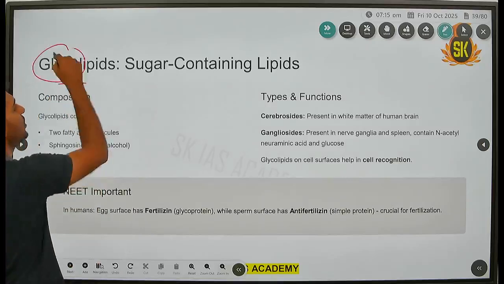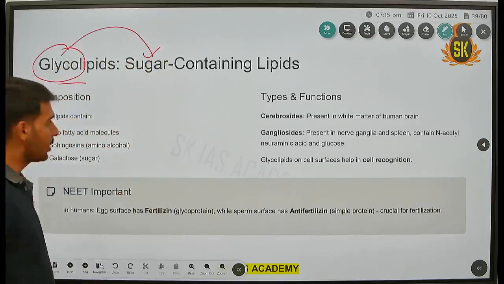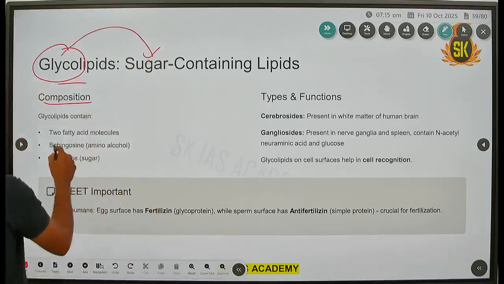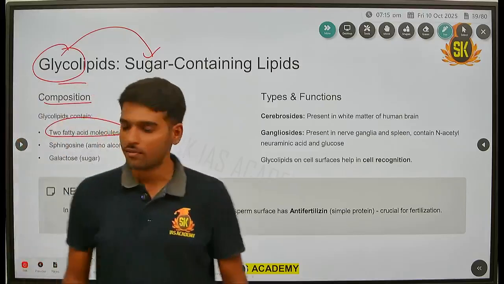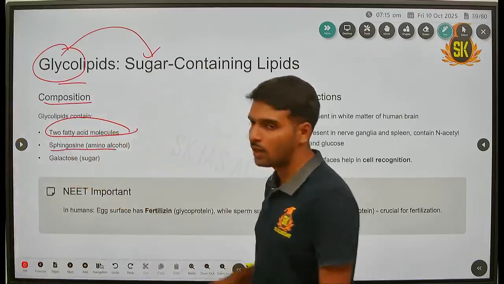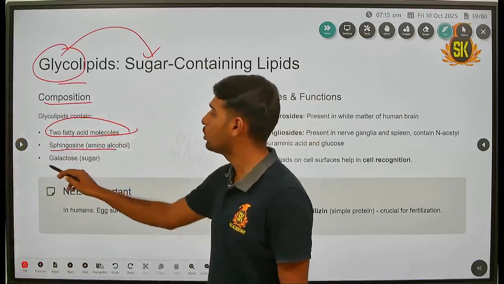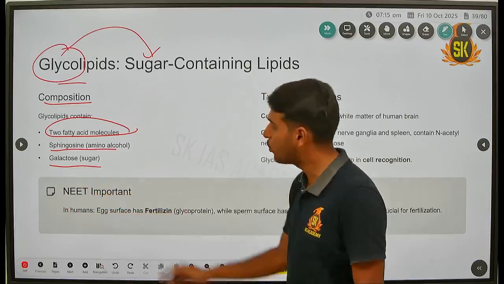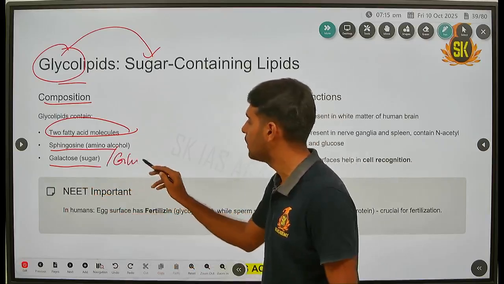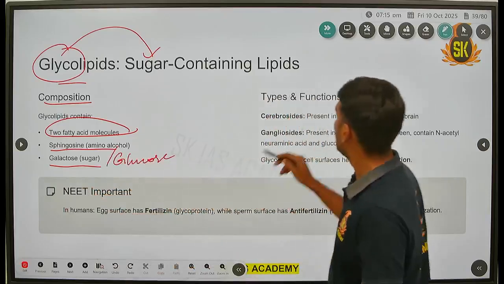Glycolipids. The name glyco suggests it contains sugar. Composition: again two fatty acid molecules, but instead of glycerol we have sphingosine, an amino alcohol, and a sugar, a galactose sugar, a monosaccharide, right? It could also be glucose.